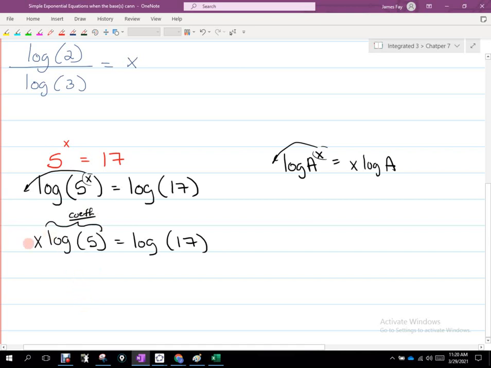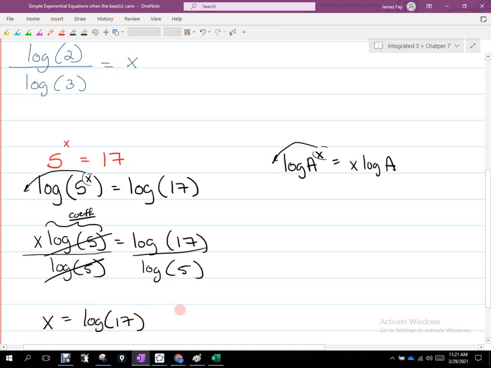So how do I get x by itself if I have this coefficient? Divide. So divide by log of 5. You get cancel, cancel. Come over here, divide by log of 5. So x is log 17 divided by log 5. So we'll see what that turns out to be.